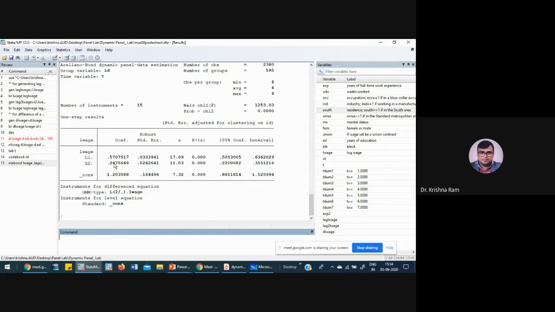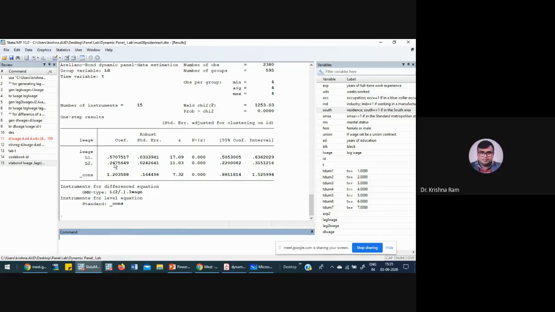I'm not very sure how far my interpretation is correct, but you can say that 57% of the current wage is determined by the immediate previous year wage value, and 26% of the current wage value is determined by the previous-to-previous year wage value. Something like this.